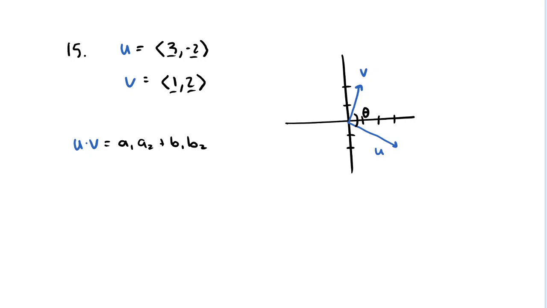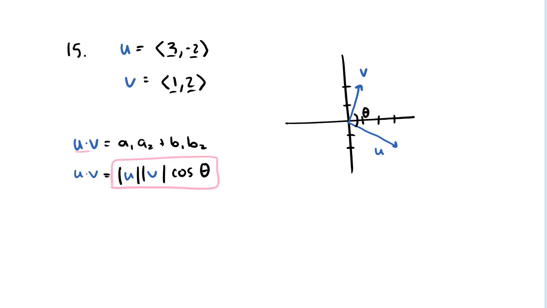This is a nice way to compute the dot product, but it's equivalent to the magnitude of v times the magnitude of u times cosine of the angle between these two vectors. So we can compute the dot product in a convenient way, and then relate it to this expression to find the angle.